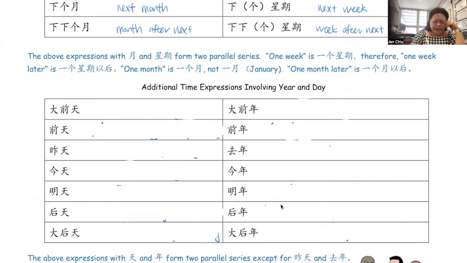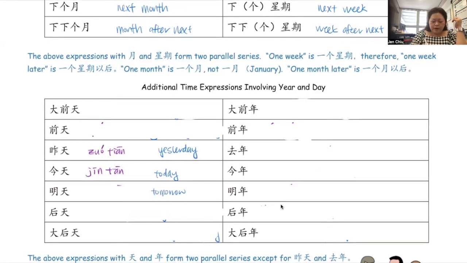So start with today. 今天 is today, and write the pinyin for it. Yesterday will be 昨天. Tomorrow will be 明天.